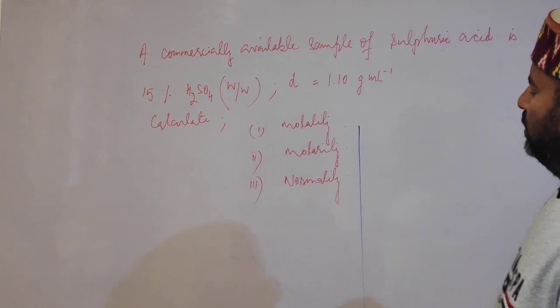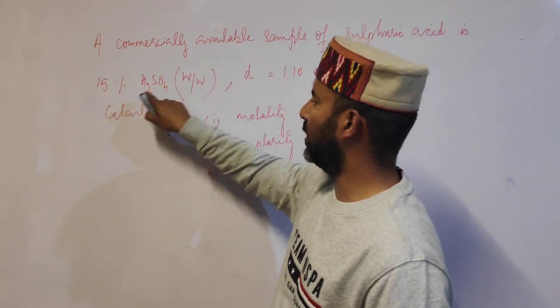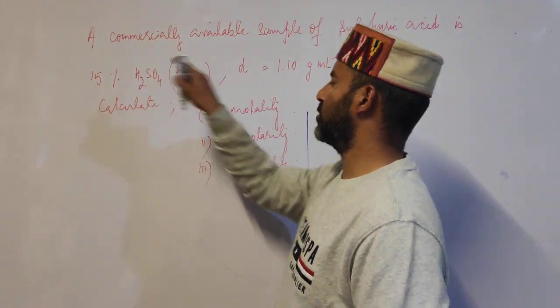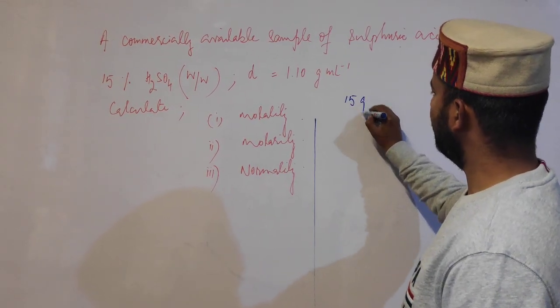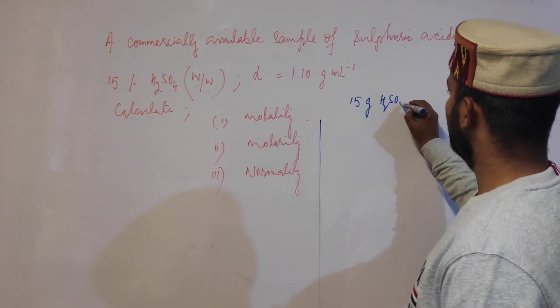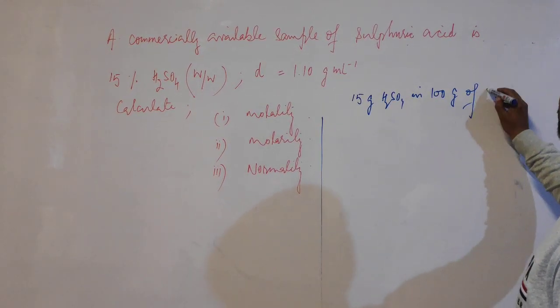Now students, first the concentration of solution is given as what? 15% H2SO4 by weight. It means we have 15 gram H2SO4 in what? 100 grams of solution.